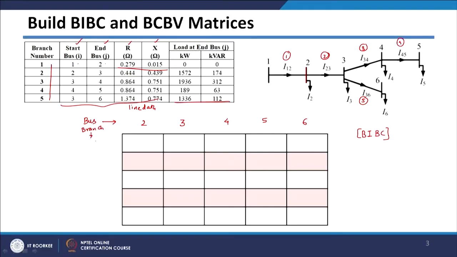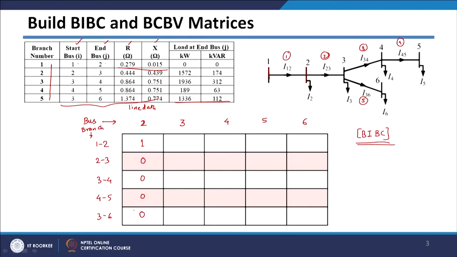So, the branches are between 1 and 2, between 2 and 3, 3 and 4, 4 and 5, and then 3 and 6. You have to build the logic to build this BIBC matrix directly like this. Since node 2 is connected to node 1, let us say I am putting 1 here, and it is not connected to other nodes, so 0 0 0 0.